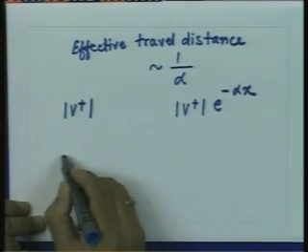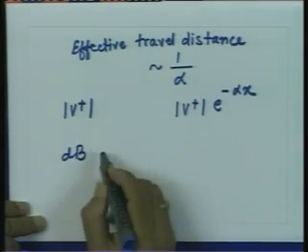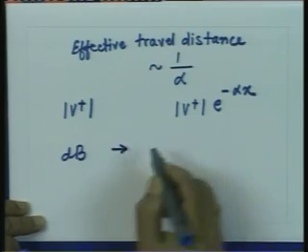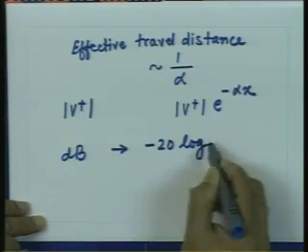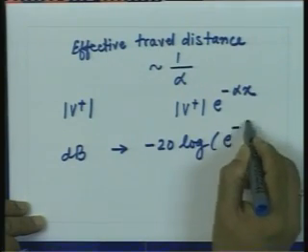So, I have decibel, which is given as minus 20 log of e to the power minus alpha x.